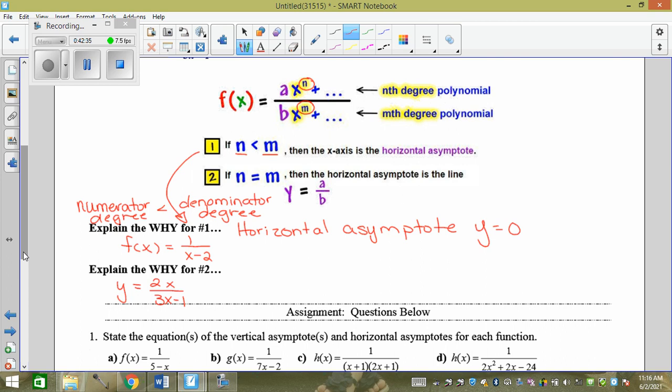So here it says if n is equal to m. What does that mean? Same degree. In this case, this is a 1, this is a 1. The horizontal asymptote for this example would be y equals 2/3.